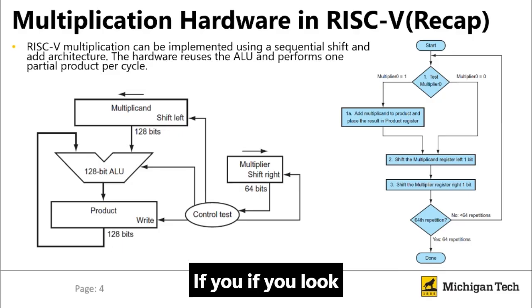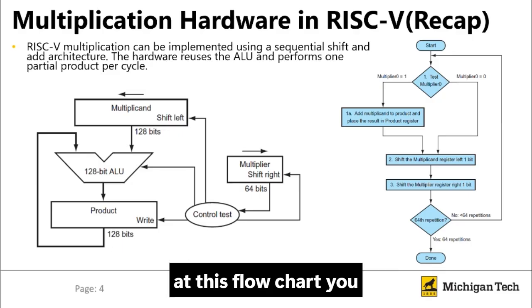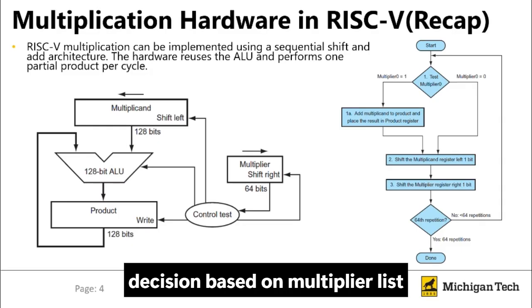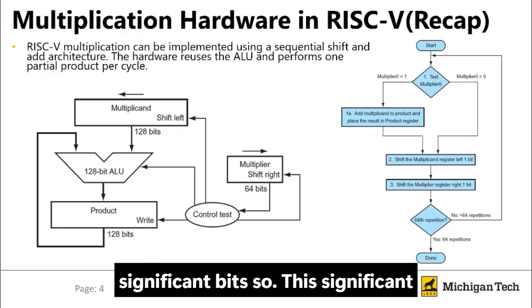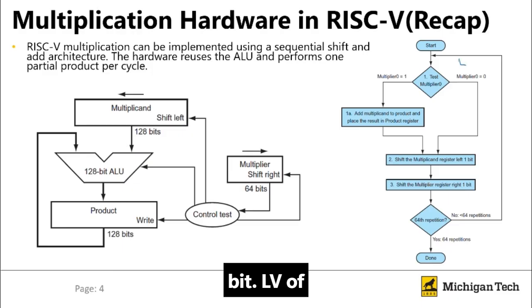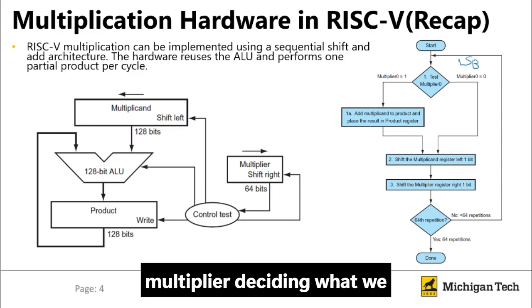If you look at this flow chart, you can see we are making a decision based on the multiplier's least significant bit. So the least significant bit, LSB, of the multiplier decides what we do.